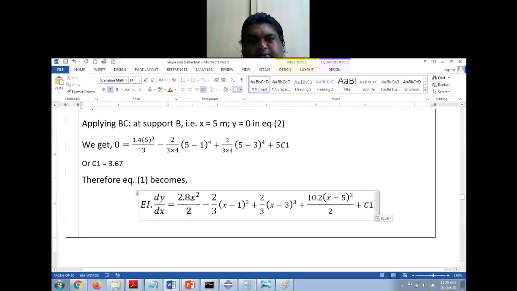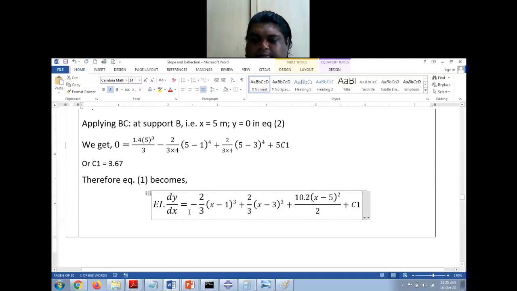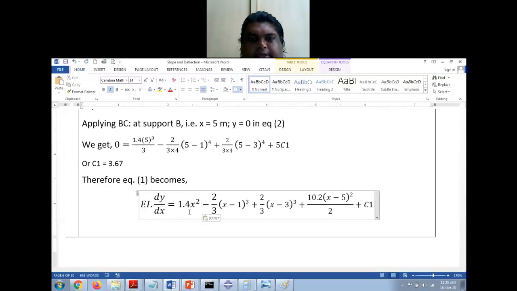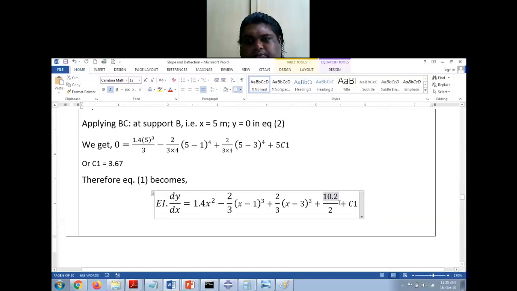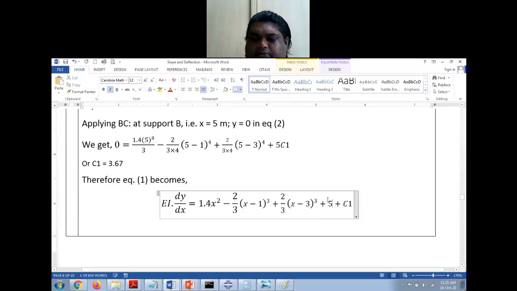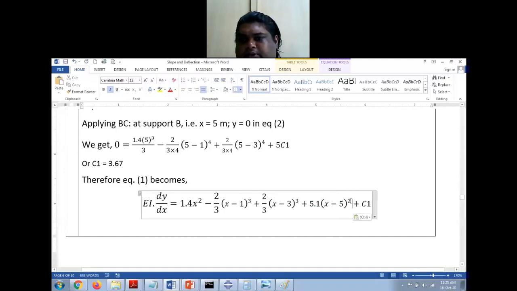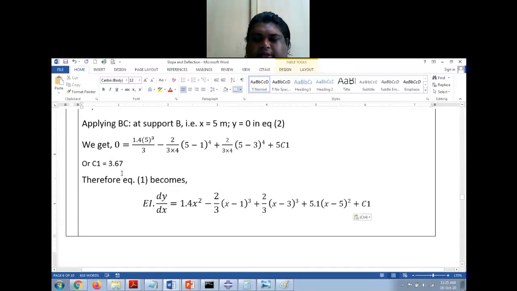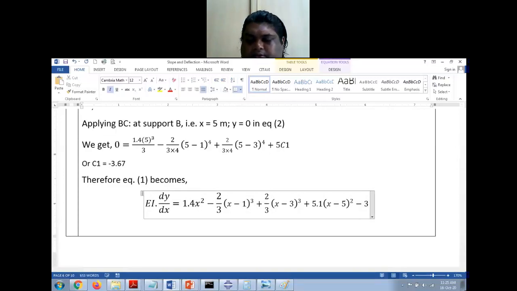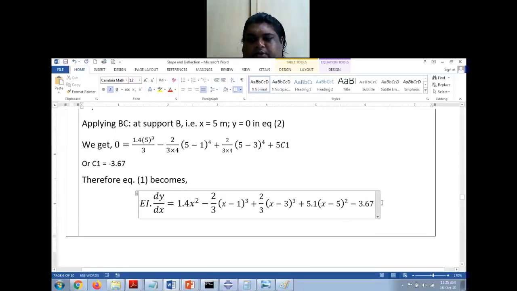This I'll make it as 1.4 x square. 2 by 3 I'll just keep it as it is. 10.2 by 2, so it will be 5.1 into x minus 5x square plus C1 is, sorry, this is minus, this will be minus 3.67, right?